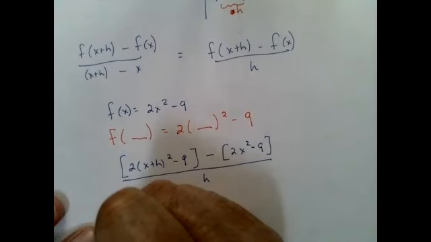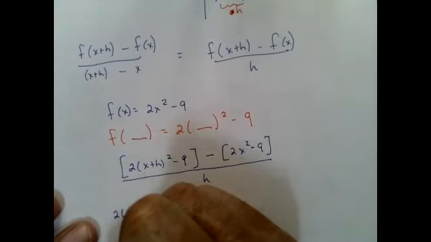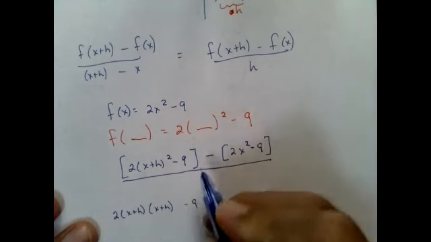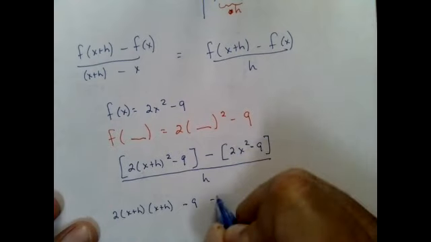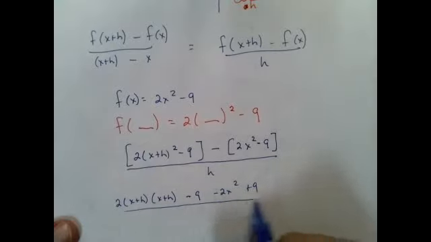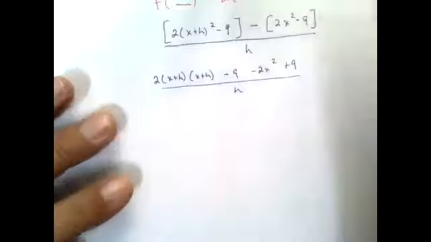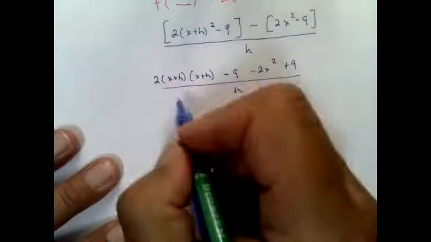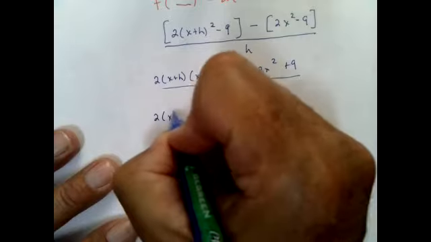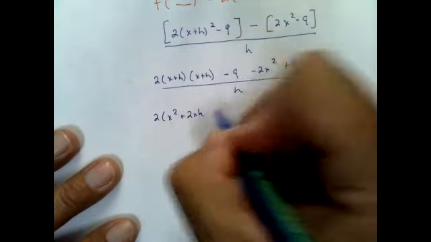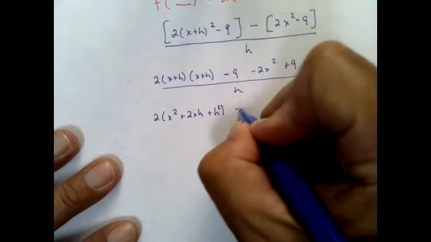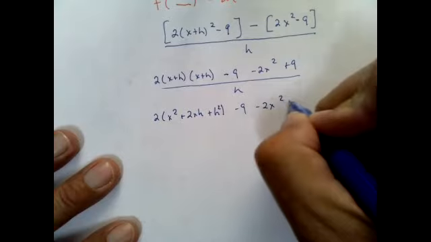Okay, so now I have 2 times X plus H times X plus H minus 9 minus 2x squared plus 9 all over H. Let's see, this became X squared plus XH plus HH is 2XH plus H squared minus 9 minus 2x squared plus 9.